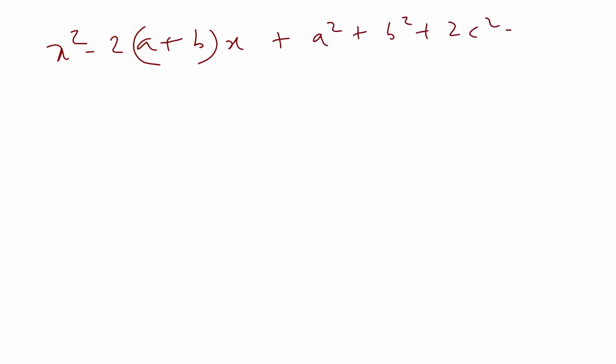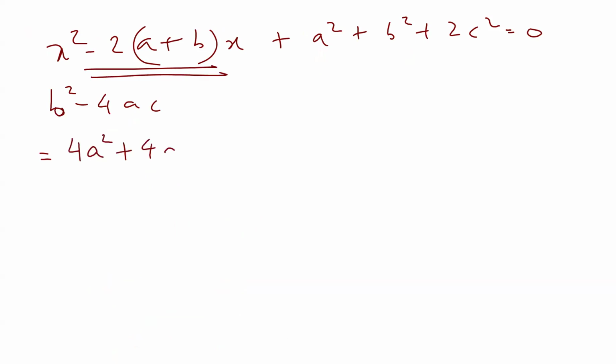The second equation is x square minus 2a plus b into x plus a square plus b square plus c square. So this is the second quadratic equation. So b square minus 4ac, we are finding out the delta. B square, so 4 times a plus b the whole square. So 4a square plus 4b square plus 2ab into 2, 4ab.